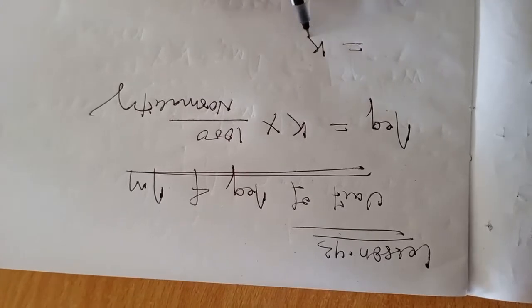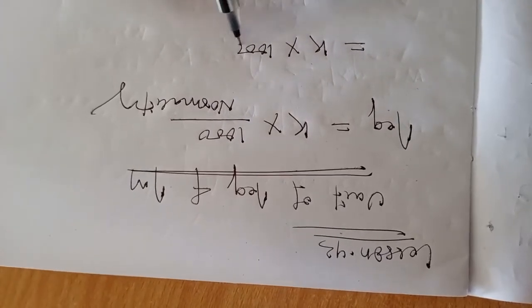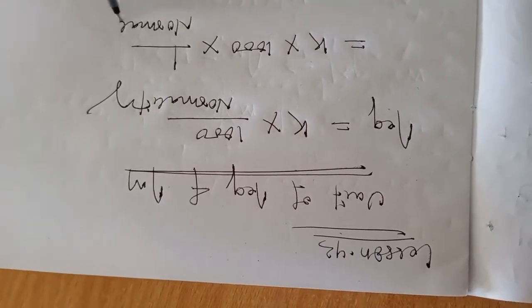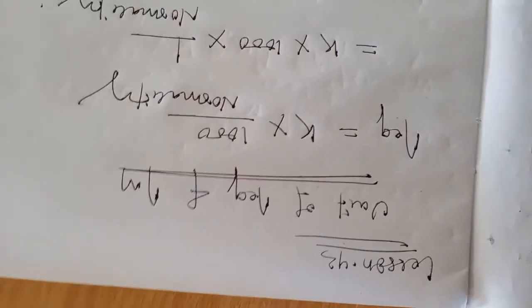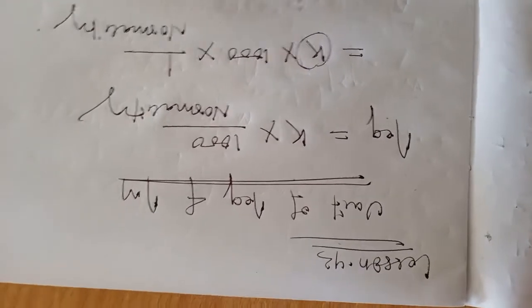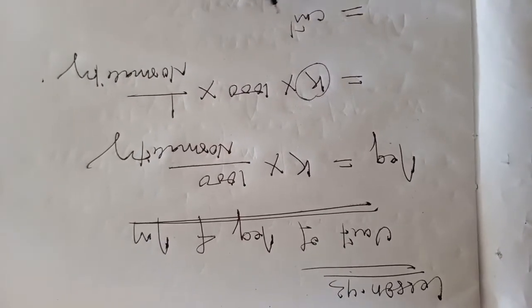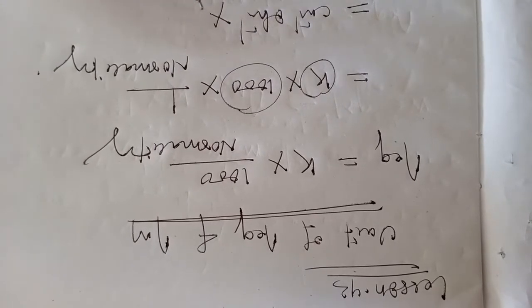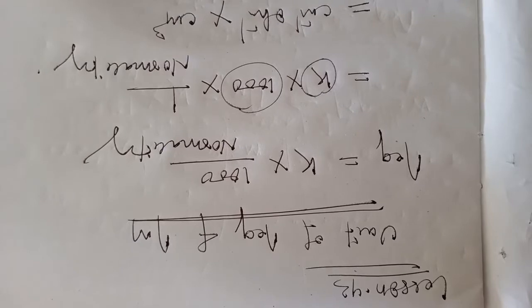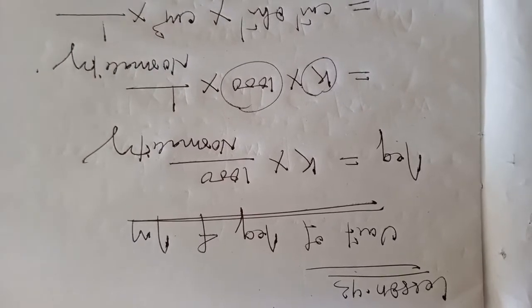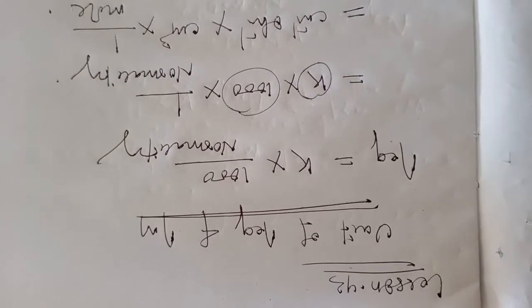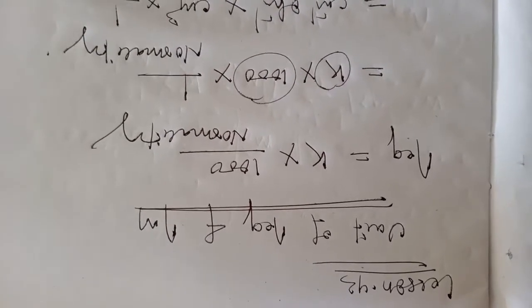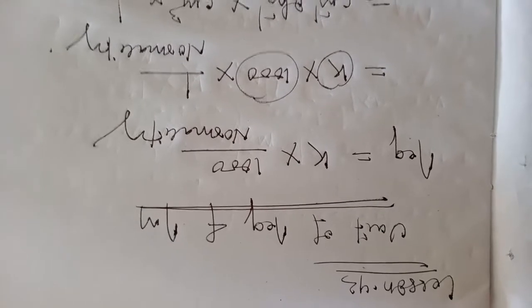So the unit of K is cm inverse ohm inverse, the unit of 1000 is cm cubed, and normality is 1 by gram equivalent.